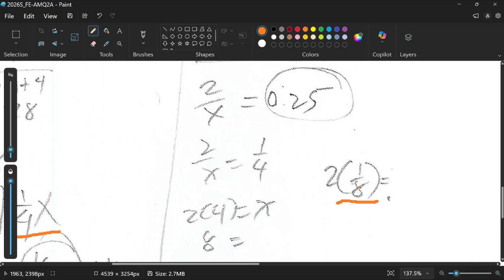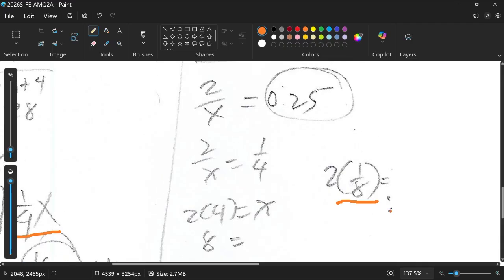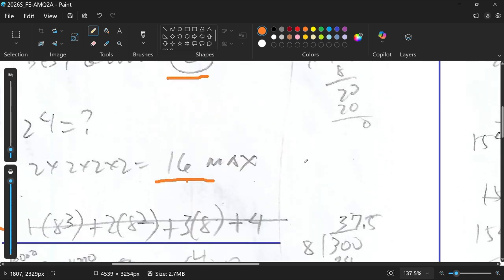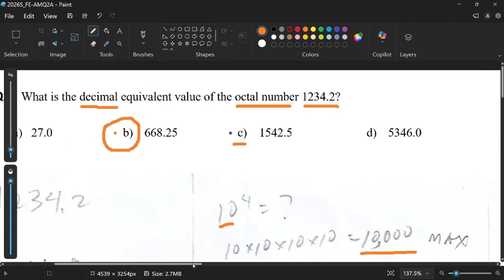And then 2 divided by 8 gives us what? It gives us actually 1/4 or 0.25. That's why the correct answer, which is letter B, is 668.25. That is the exact answer for this question.